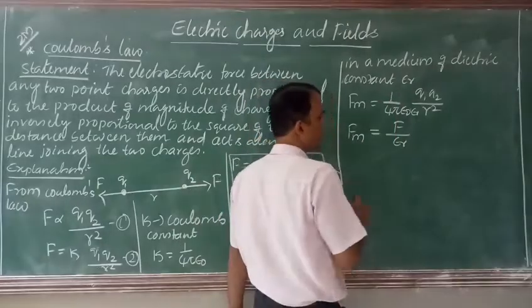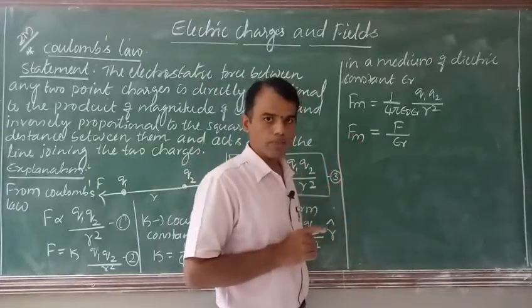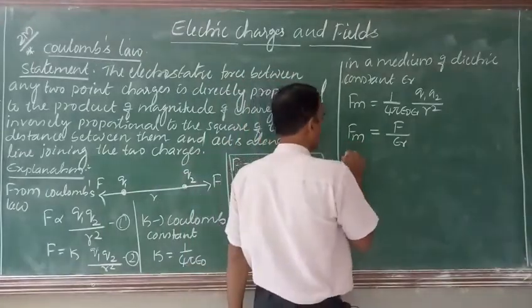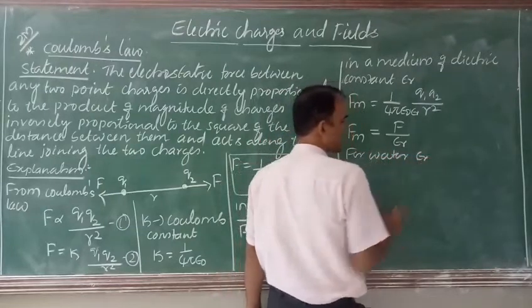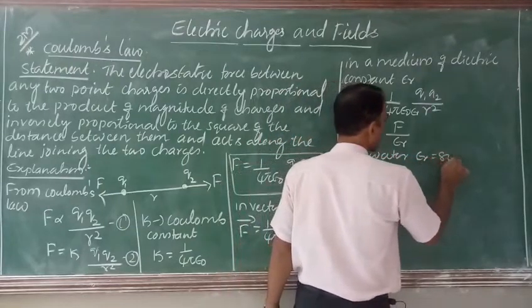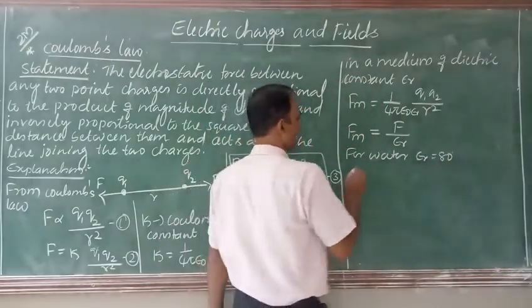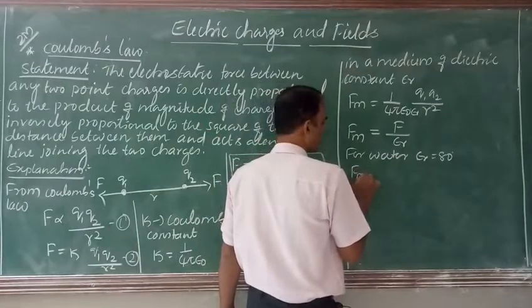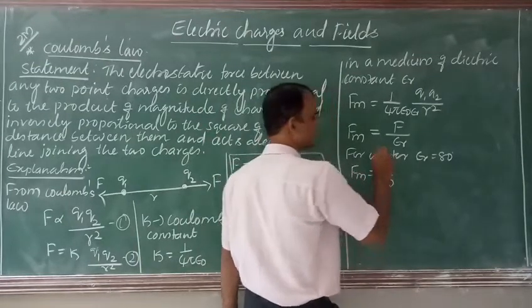For example, if you keep the two charges in water, for water, dielectric constant epsilon r is equal to 80. In such a case, the force between two charges is reduced by 80 times.